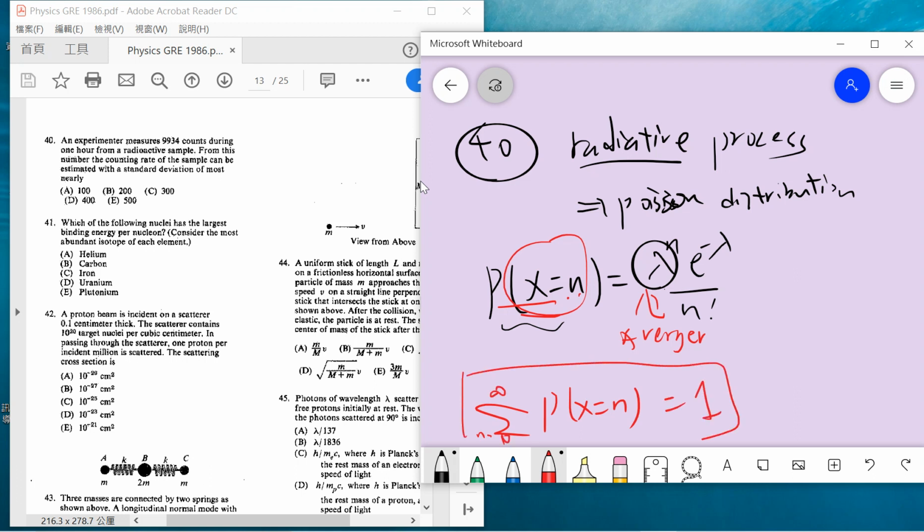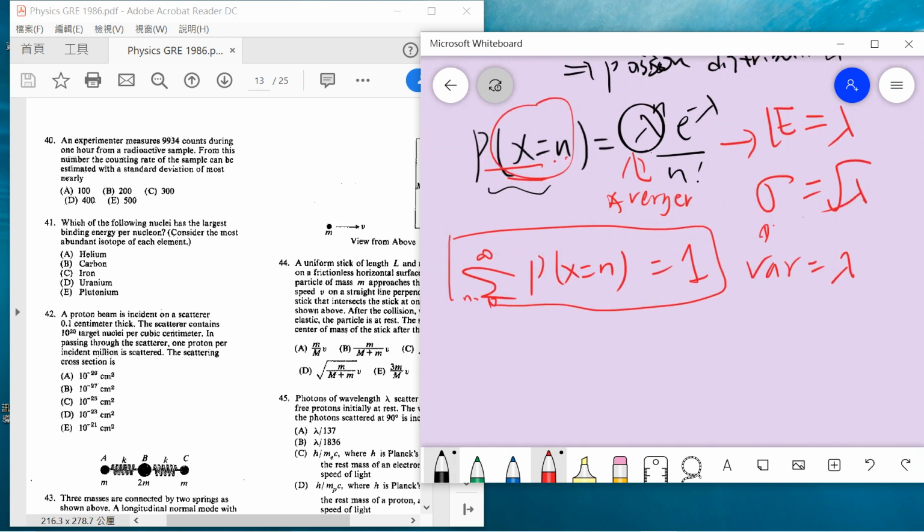This is a discrete probability distribution, and you can use it to find the average, called the expectation value. You can show this is lambda, and the variance is also lambda, so the standard deviation is the square root of lambda.